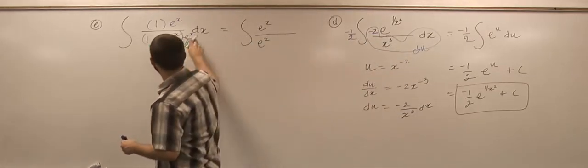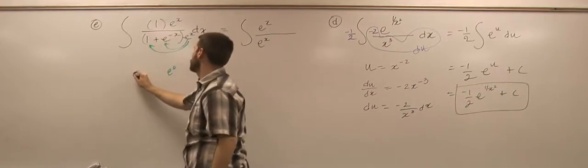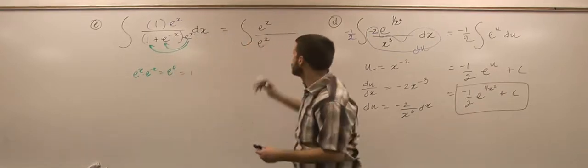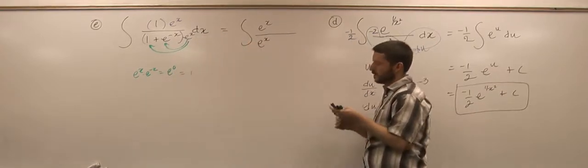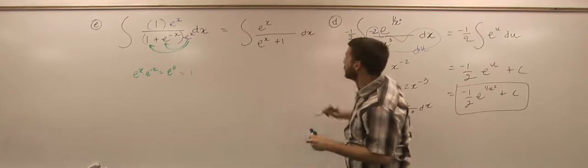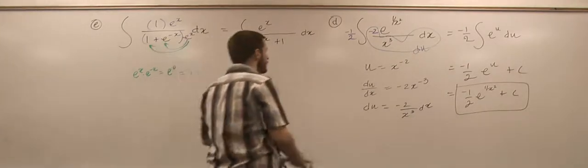So e to the negative x times e to the x, you add the exponents and you get e to the 0. But then anything to the 0 is equal to 1. So over here I'll have plus 1. Now we're cooking. Now we have a u and a du.